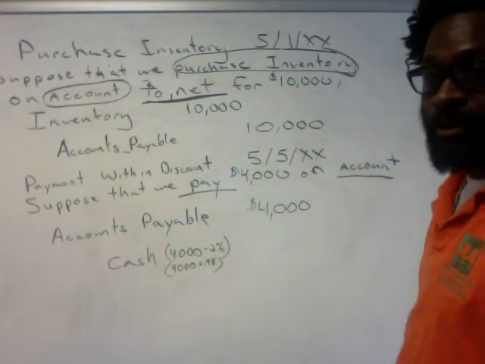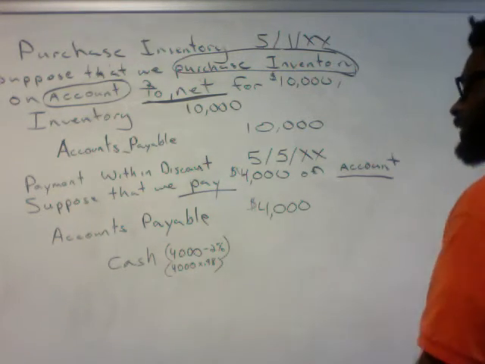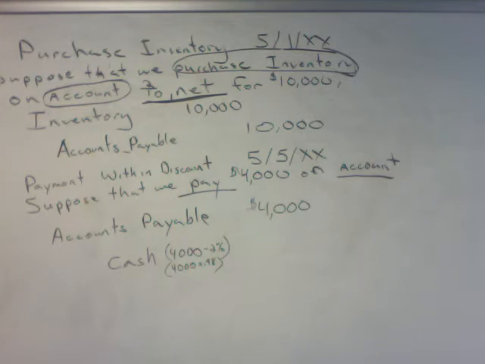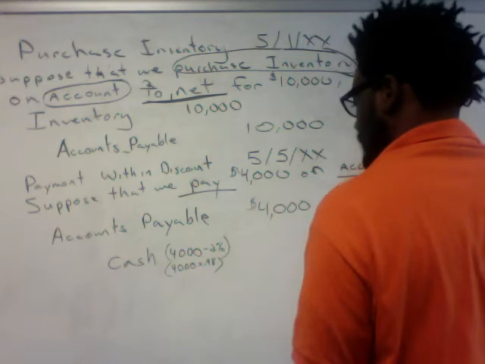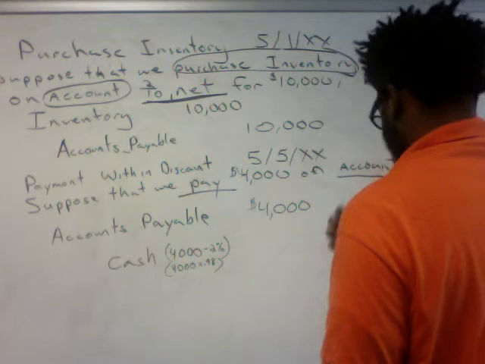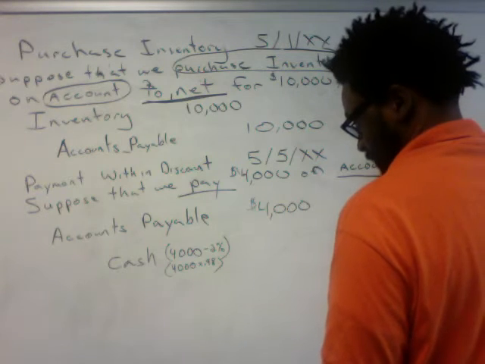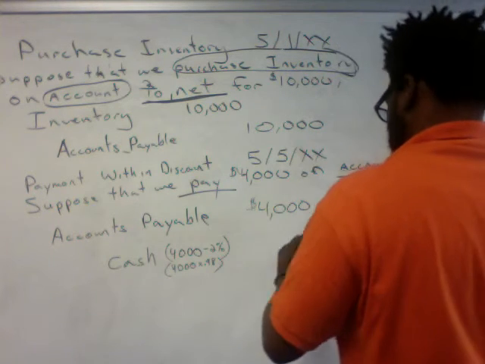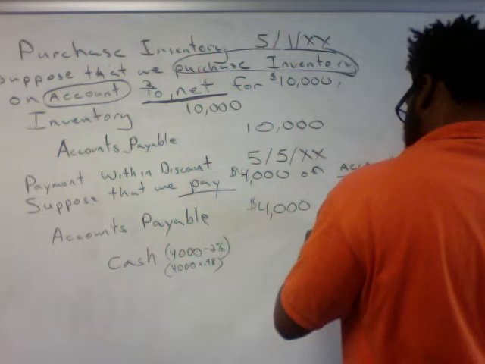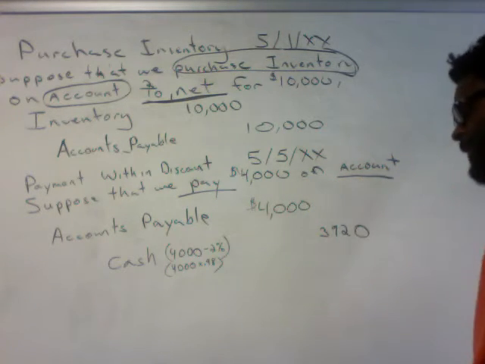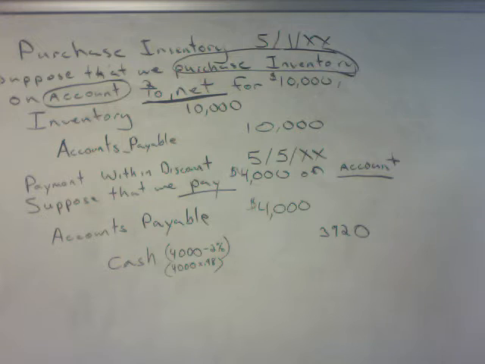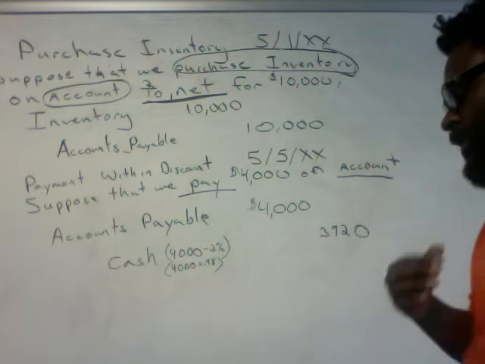Either way, it gets you the right answer. So how much cash did we truly pay out of the $4,000? What is 2%? That's $80. So we truly paid $3,920.